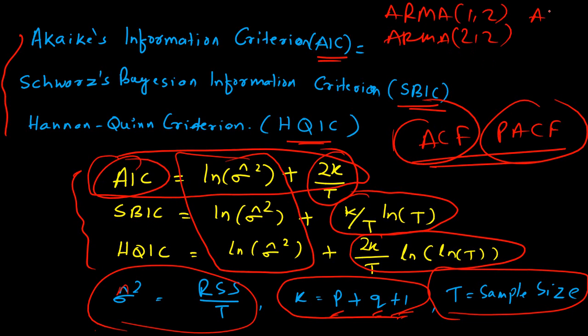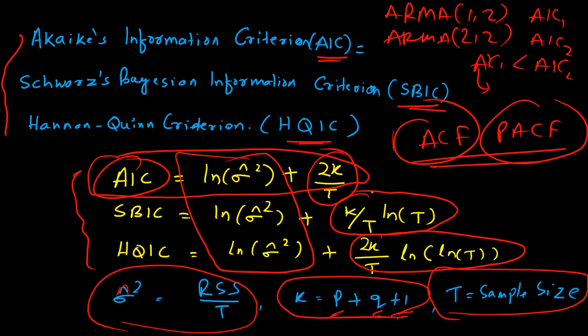Find out the AIC value here, find out the AIC value for the second model also, and see which one is less, right? If AIC1 is less than AIC2, then you go in for ARMA 1-2, because that's the most optimal model based on the information criteria.